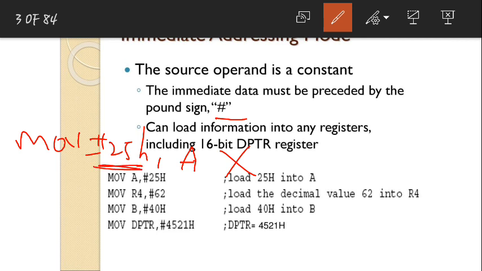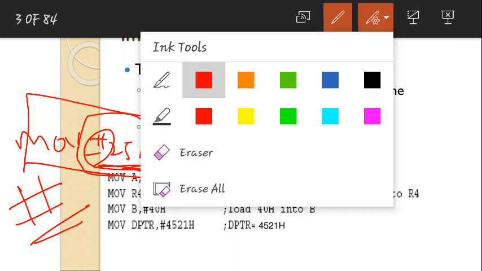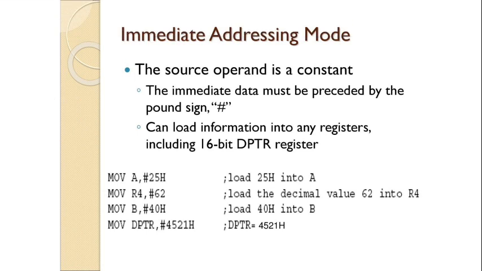This is not a location, this is the value itself, because it is preceded by the pound sign. Whenever you put this sign on a value, that means it is a constant value. It is not an address or location. So you can't write this instruction. That we need to remember.